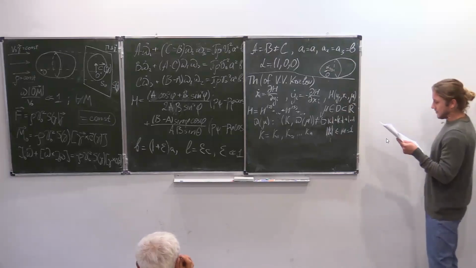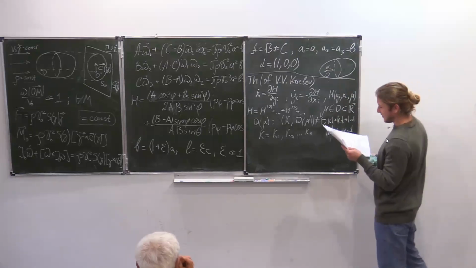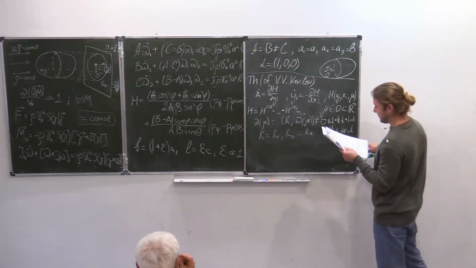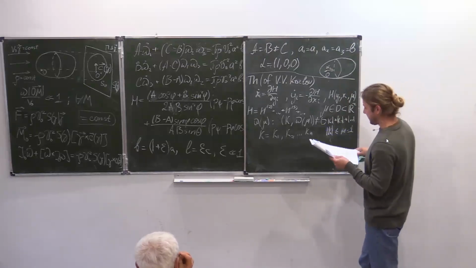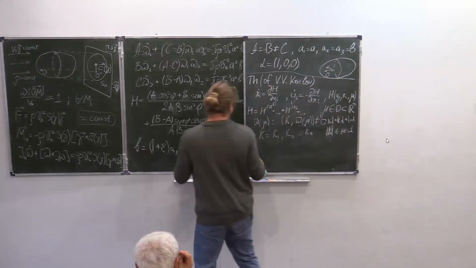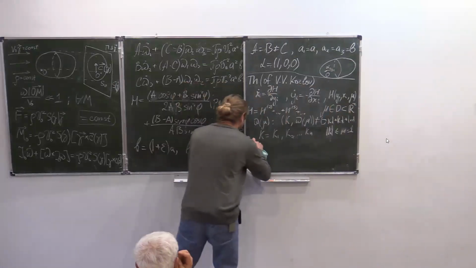We can find a canonical transformation analytic in mu, such that in the new variables the first m-1 forms will take this form.